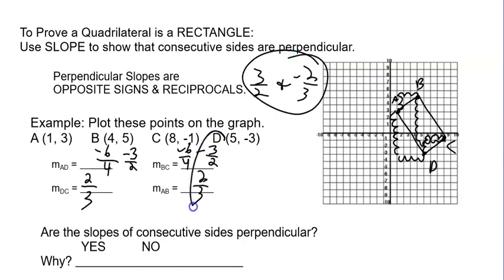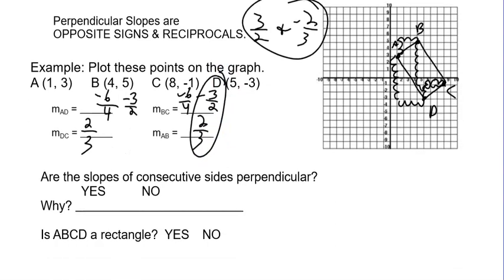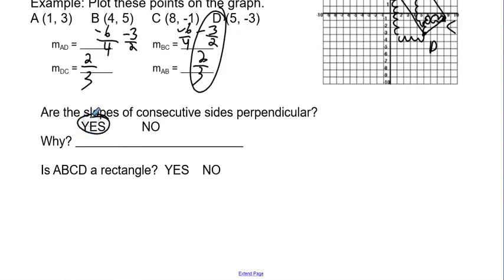So if we compare negative 3 halves and 2 thirds, yes, they are perpendicular because they are opposite and reciprocal. Is ABCD a rectangle? Well, notice also we have opposite slopes that are the same. So yes, it's a parallelogram and a rectangle.